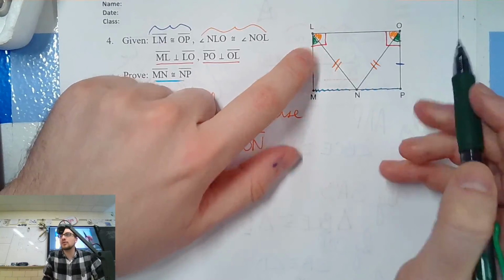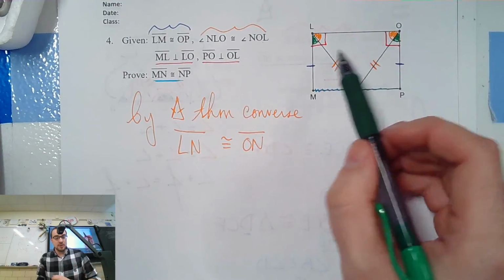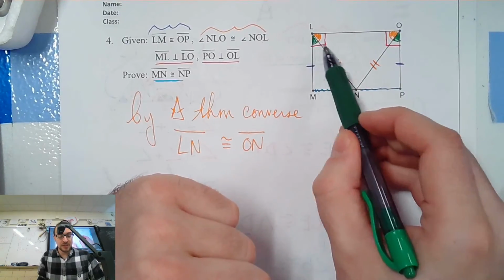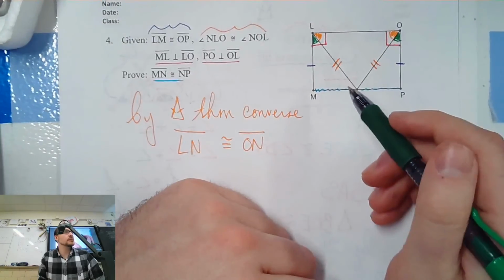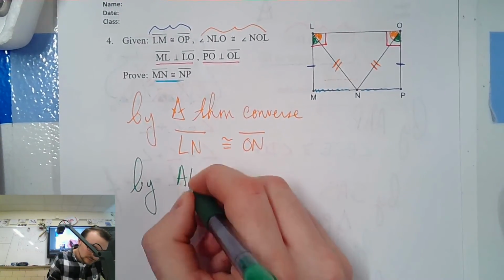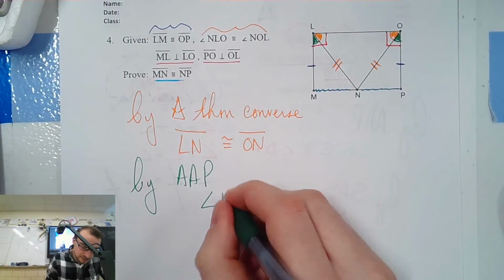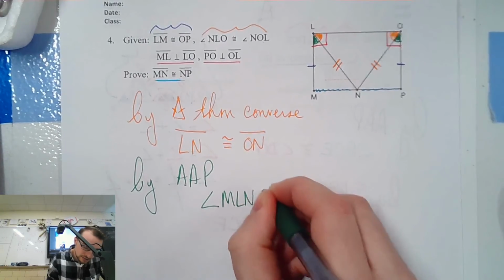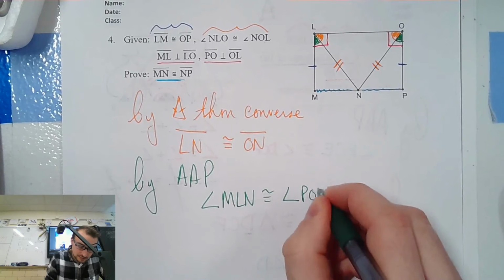Yes. That's angle addition postulate. Now before, I did two different colors to not assume they're the same, but I think we can tell. Orange plus something is 90, orange plus something is 90. Well, it's got to be the same something, right? So by angle addition postulate, I know that the green angle over here, which is MLN, is congruent to the other green angle, PON.